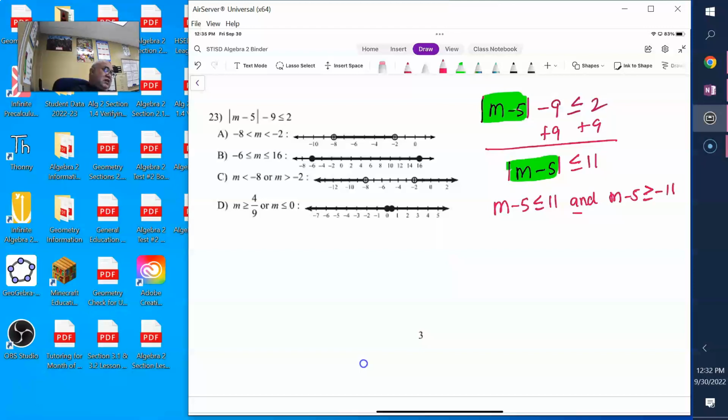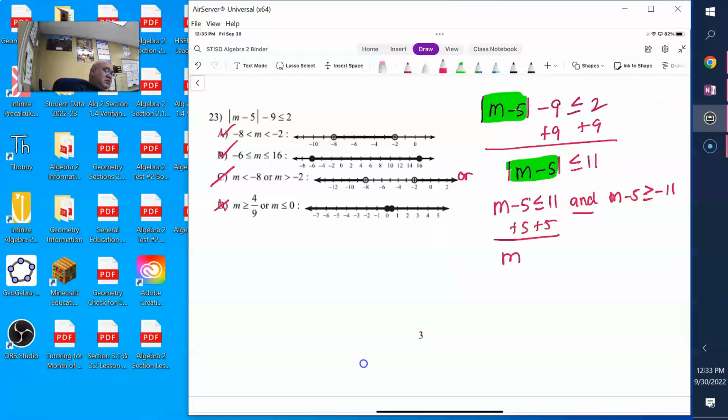So when it's an and, a testing strategy, the solutions are going to intersect. So we know that C is an OR graph because the answer is either or. So now it's between A, B. I would say D is incorrect, but we're going to check here. So we're going to add 5.